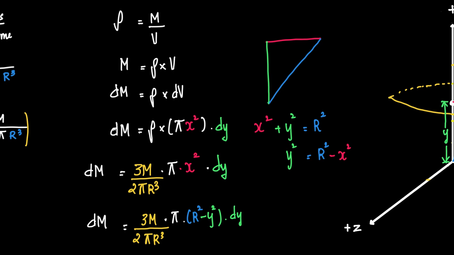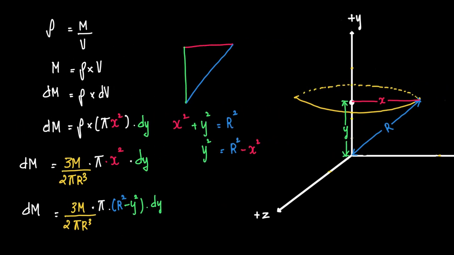Okay, now for this disk also, since the overall density rho is a constant, we can say that for this disk as well, rho is equal to m by v. Therefore m is equal to rho into v, and since this disk is a very small disk, the mass dm will be equal to rho into dv. What is dv?